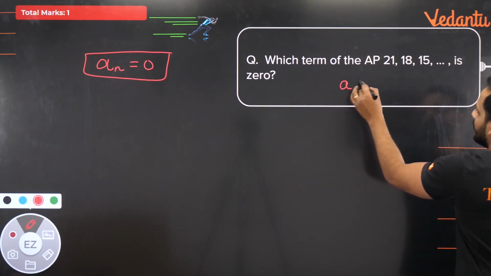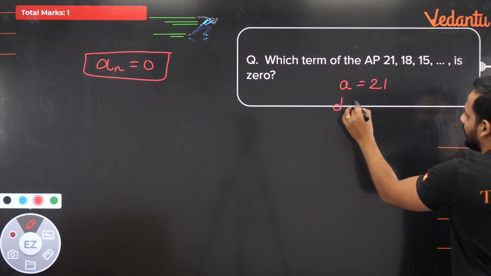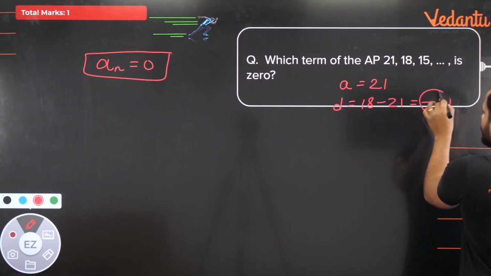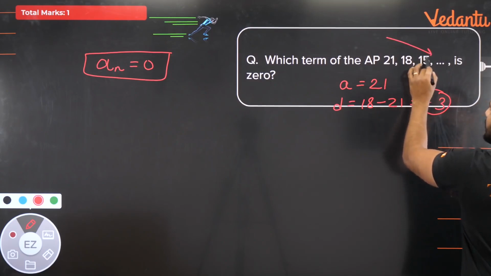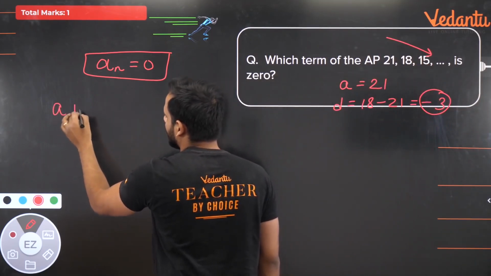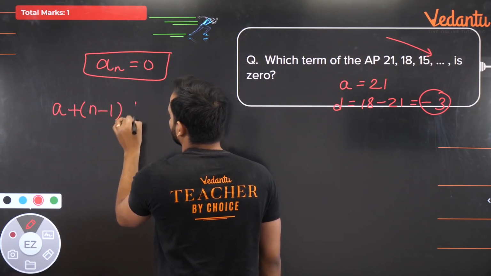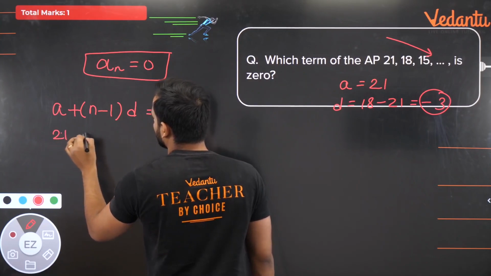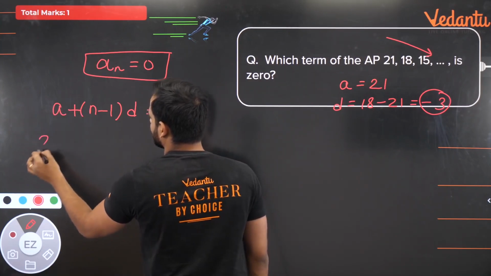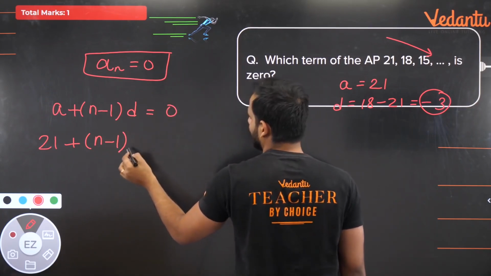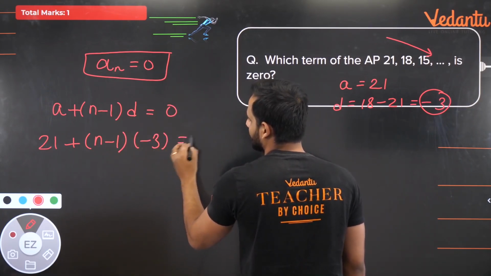I know my first term is 21 and my common difference is 18 minus 21, which is minus 3. Again, you can see the common difference is negative, so the AP is decreasing. Got it? So I can say the An formula is a plus n minus 1 into d is equal to 0. The first term is 21 plus n minus 1 into d, the common difference, which is minus 3, is equal to 0.